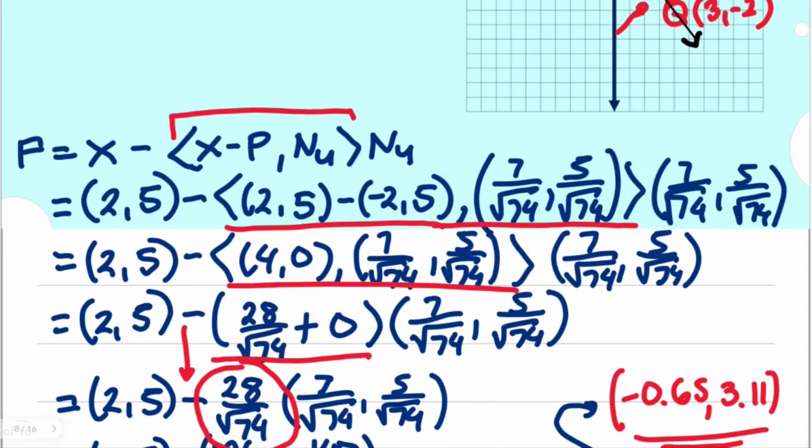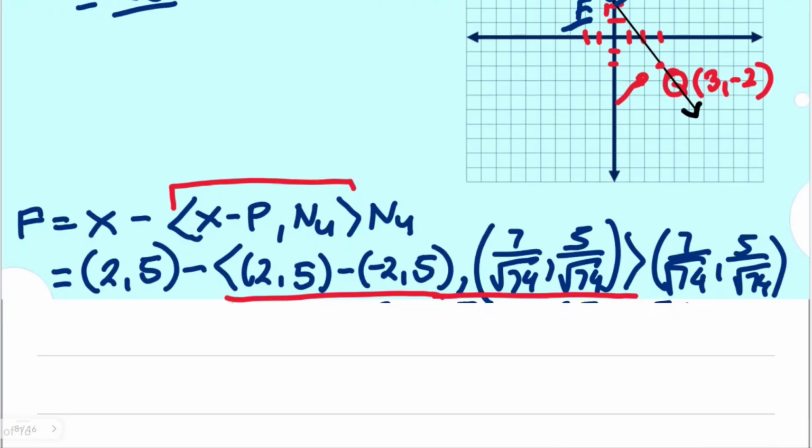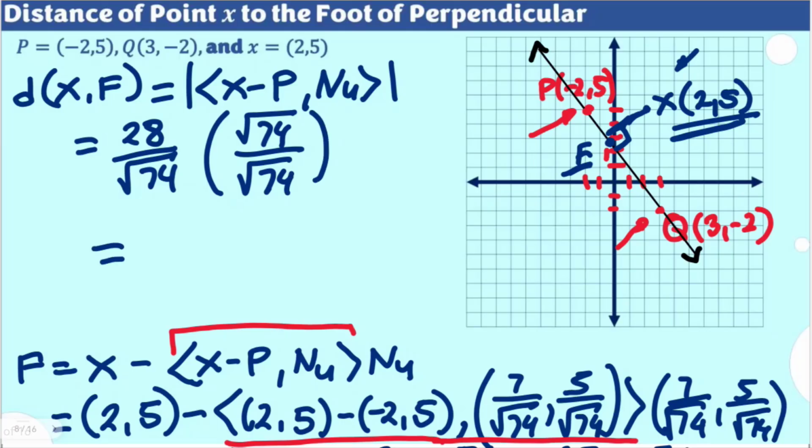You may try to verify that using the distance formula. At this point, we will no longer try that. So this one is identified as 28 over the square root of 74. And if you would like to rationalize that, multiplying by square root of 74 over square root of 74, you will get 28 square root of 74 over 74 with no radical in the denominator.